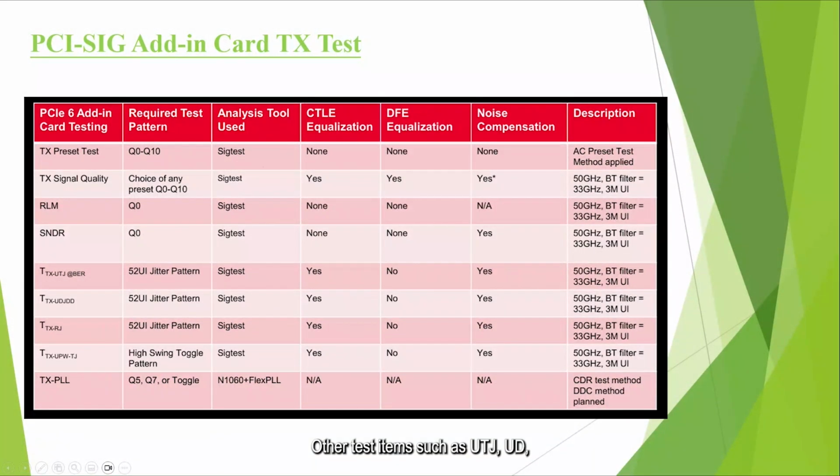Other test items such as UTJ, UDJ, RJ, etc. were already present in Gen 5, and PLL testing is also included in Gen 6. For PLL analysis, we recommend using Q5 or Q7 to evaluate the clock performance.